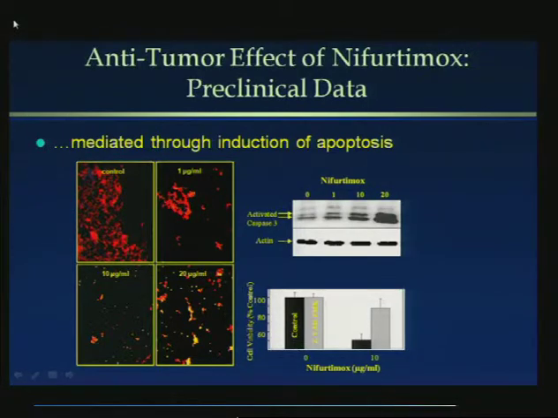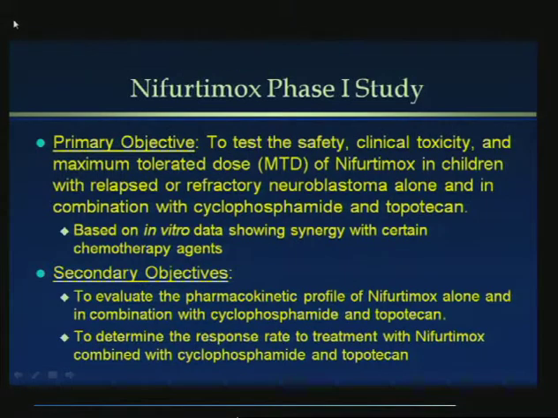So again, a TUNEL assay, and in this assay, yellow equals apoptosis, and as you increase the amount of Nifurtimox, you get more apoptosis. You get increased expression of caspase-3, which is a mediator of apoptosis, and you can basically shut off the cytotoxicity by adding a compound that interferes with caspase-3. So a very nice story for drug-mediated cytotoxicity and apoptosis in neuroblastoma cells.